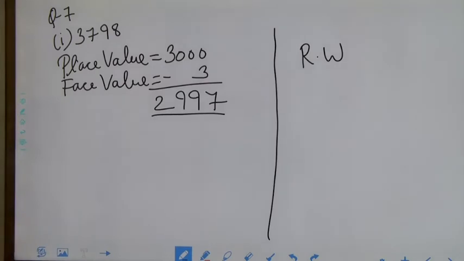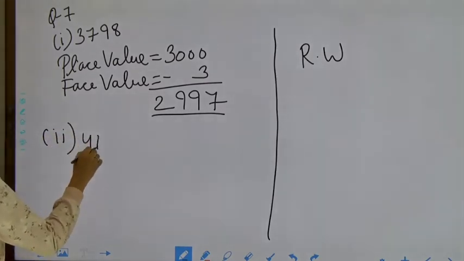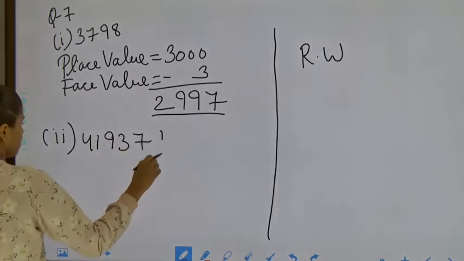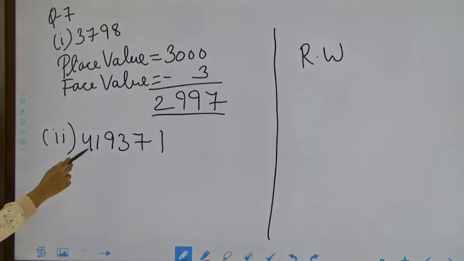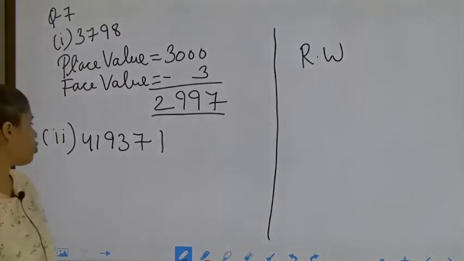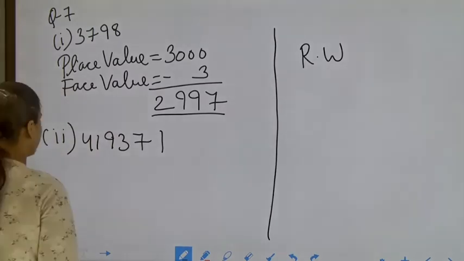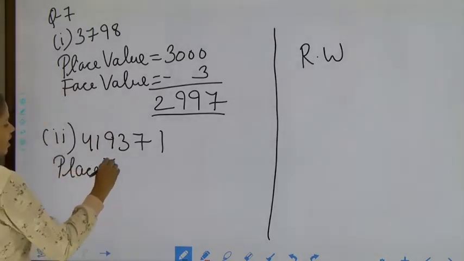Now move to the next part, that is second. 41,000 ones, tens, 100, 1000, 10,000 and lakh. That is 4,19,371. Again we have to write the place value and face value.